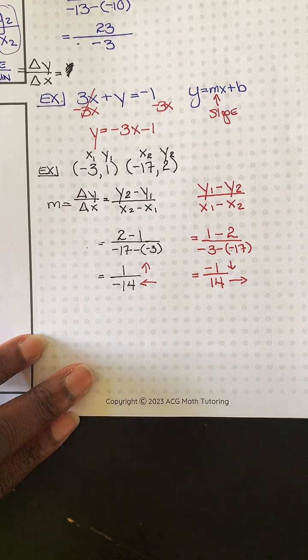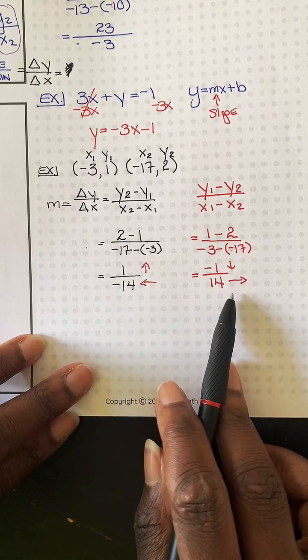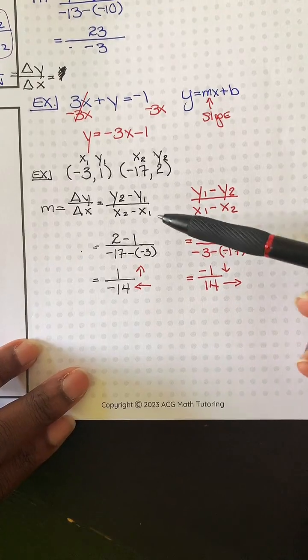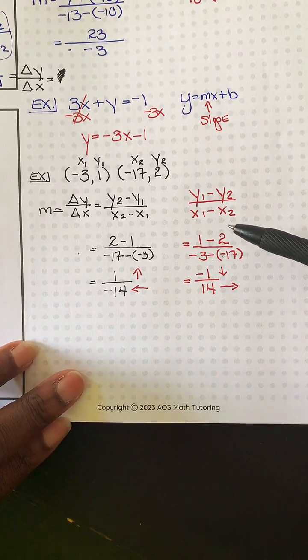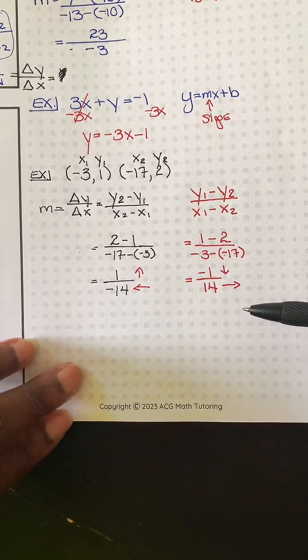They're interchangeable. I'm just trying to show you that when you're looking at slopes, you're going to get the same answer, especially with negative slopes.